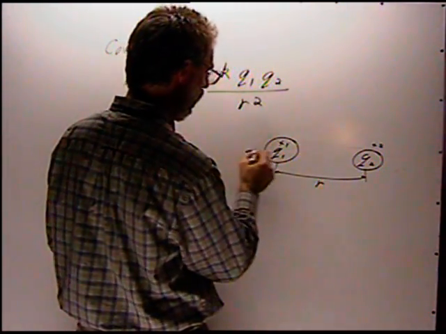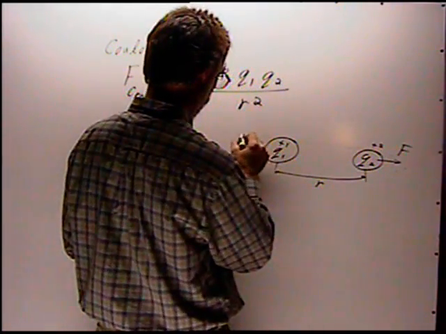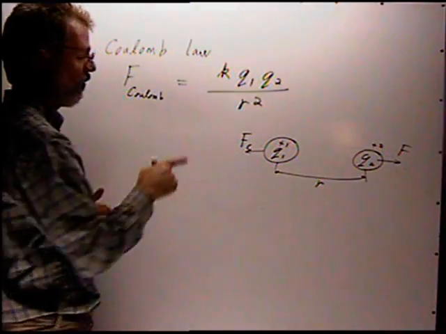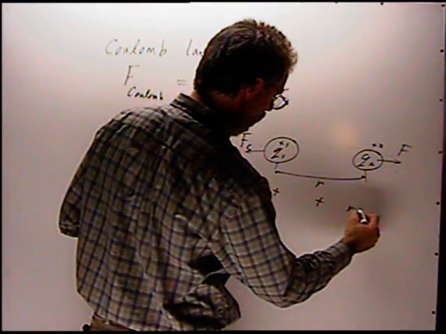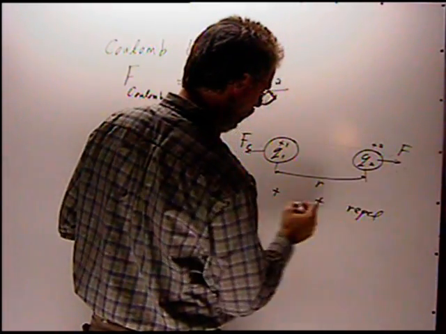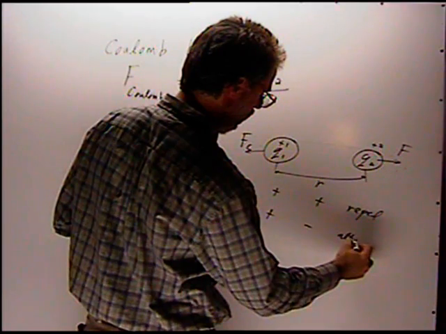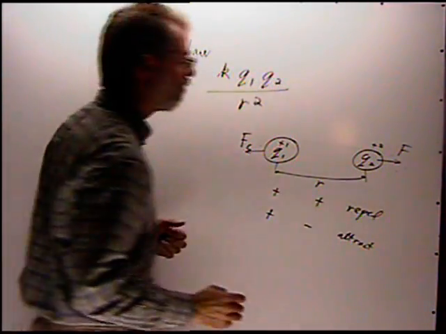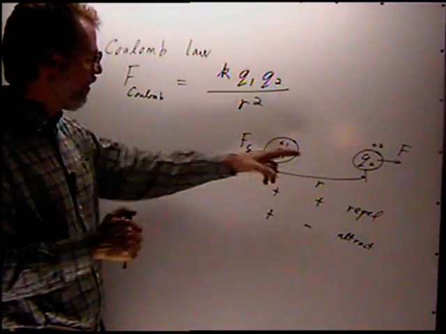They will each feel a force on them that's the same, and it's given by this formula. Two plus charges repel each other, and opposite charges attract. That's the nature of charges. So we can calculate the size of the force.